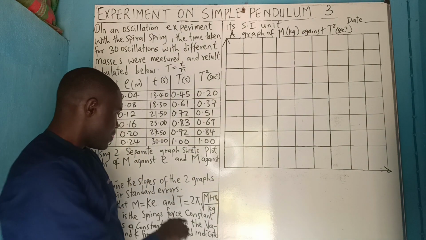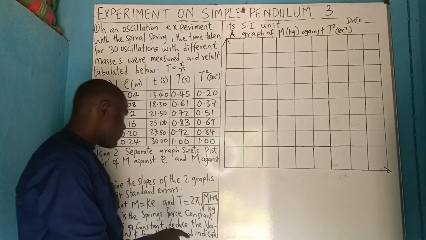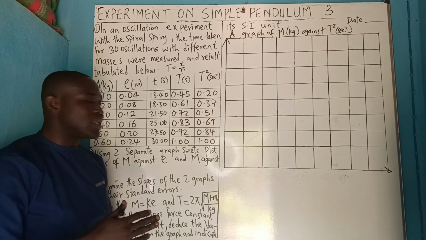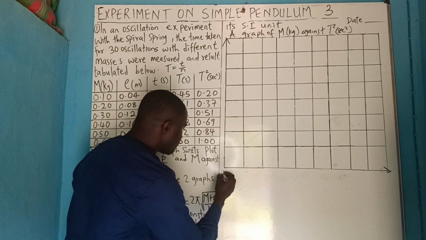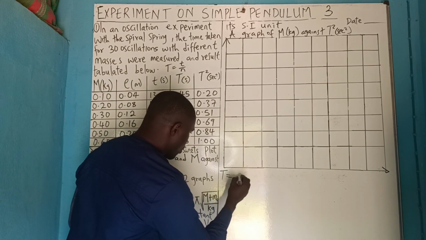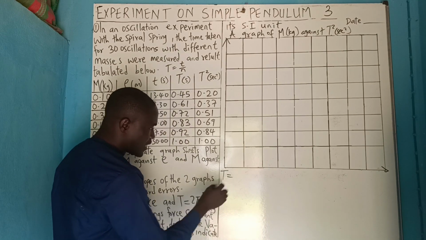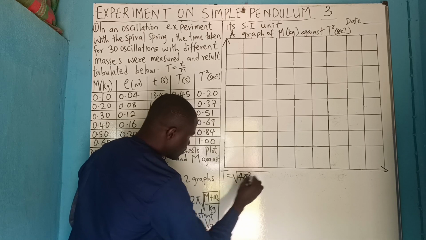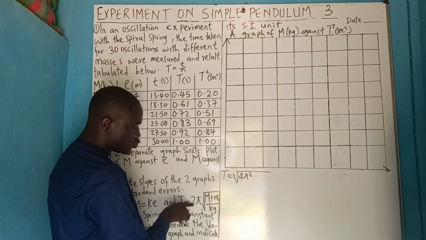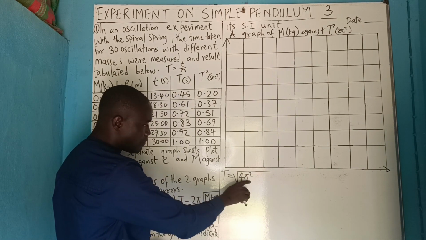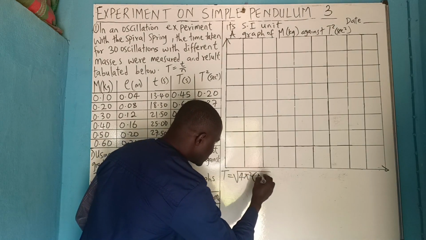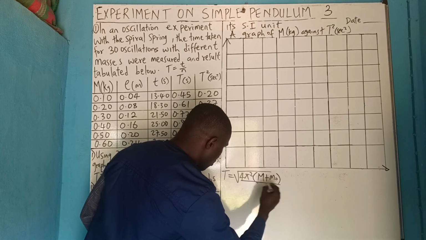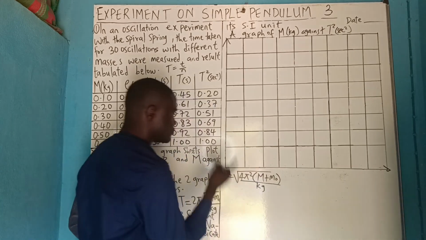Now go to the equation. We are plotting a graph of m against t squared. Go to this equation and transform it to a linear equation. You have T equals 2 pi, carry 2 pi inside, it becomes the square root of 4 pi squared. When you carry 2 pi inside, 2 times 2 is 4, pi times pi is pi squared, bracket m plus m0 all over kg.